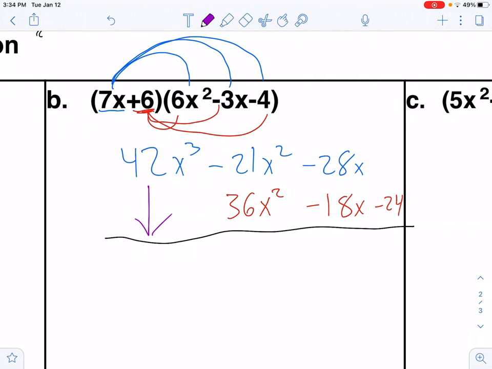So 42x to the third, and then negative 21 positive 36. Signs are different, so we subtract and keep the sign of the larger number. So in a calculator, you could do 36 minus 21. And that would give you positive 15.